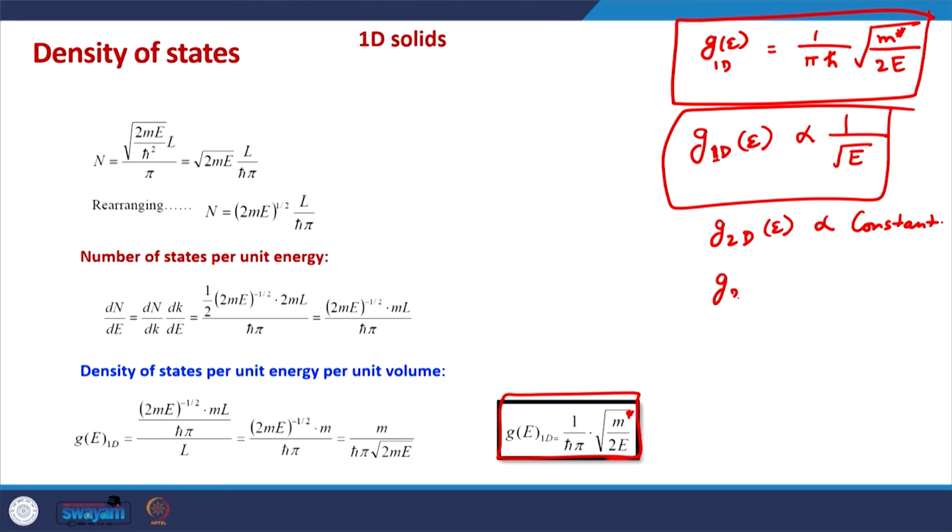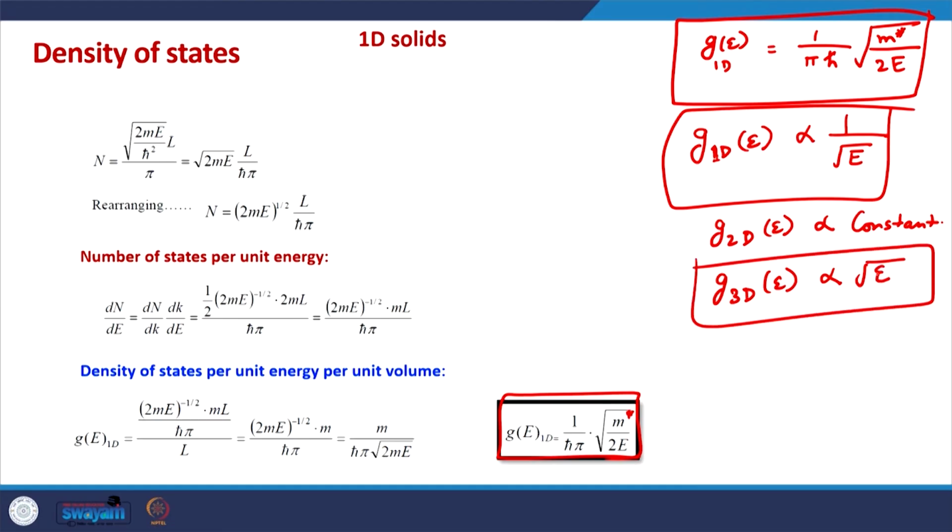In the 3D case, it was directly proportional to the square root of E. So, as you are seeing, as we change the dimension, the number of states that the electrons can occupy in the material change, their behavior changes fundamentally.